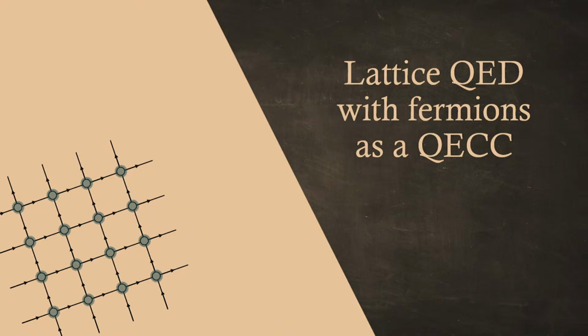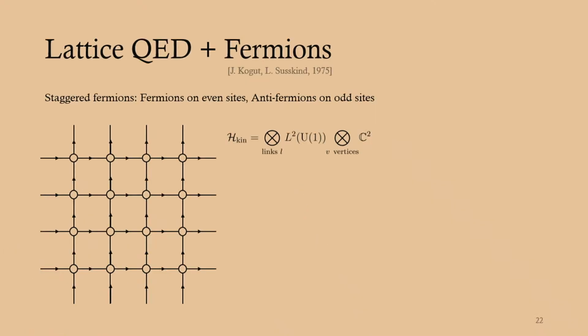Now, this was all for lattice QED in the pure gauge case. We can also include fermions into this model. And we can do this in the staggered fermion formalism. So we place fermions on even sites and antifermions on odd sites, which will change our kinematical structure. So now, instead of just having our link spaces, we also get this qubit-like degree of freedom on every vertex.